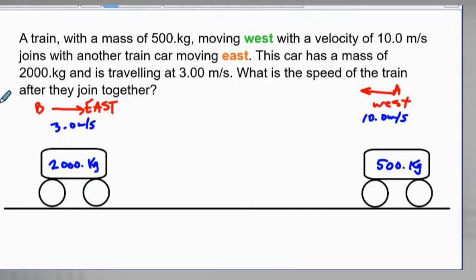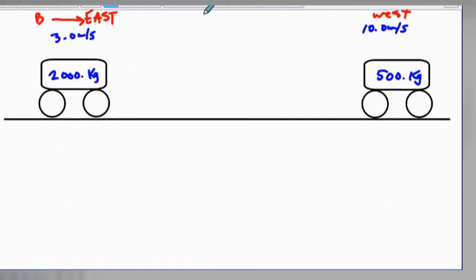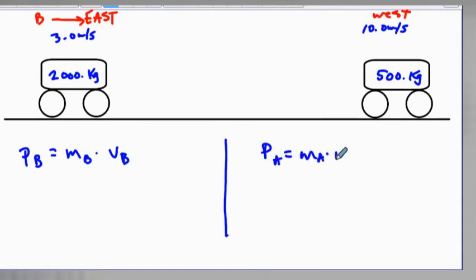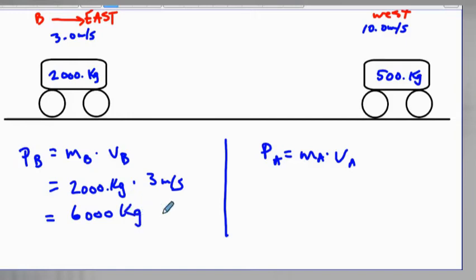I want to know what's going to happen when these two collide. Once again, I'm going to calculate the momentum. For B, the momentum is the mass of B times the velocity of B, and for A, the momentum is the mass of A times the velocity of A. B has 2,000 kilograms at 3 meters per second, so a momentum of 6,000 kilogram meters per second.